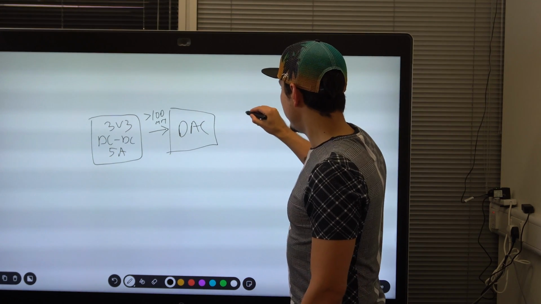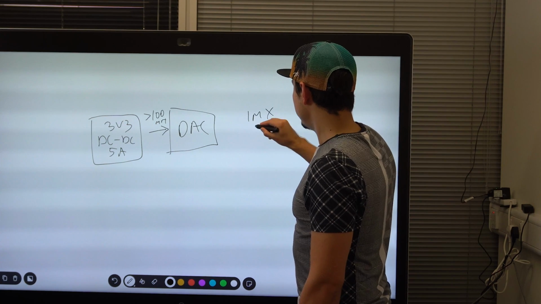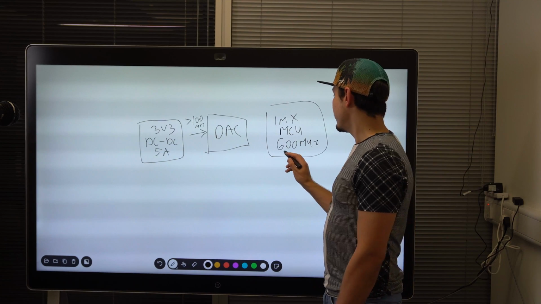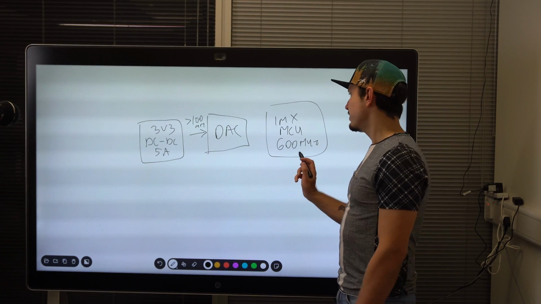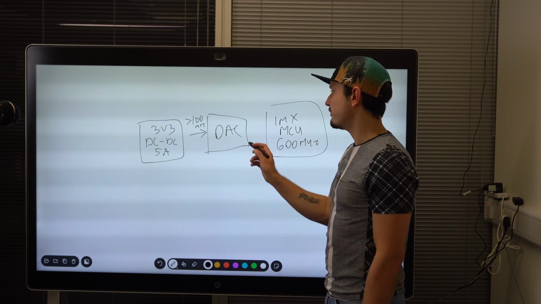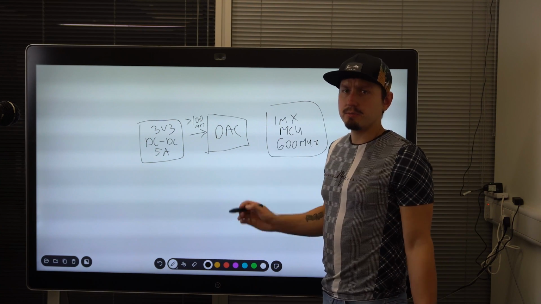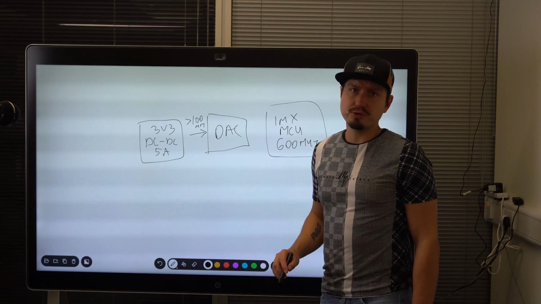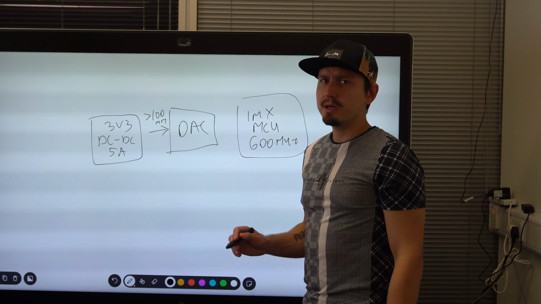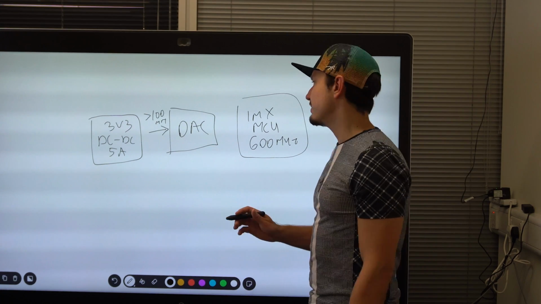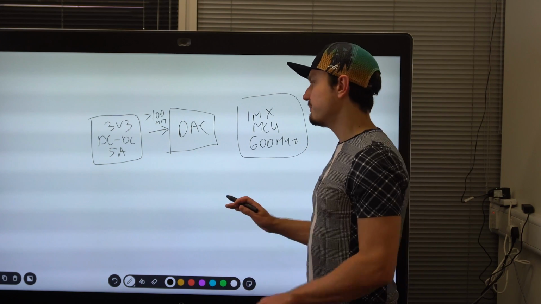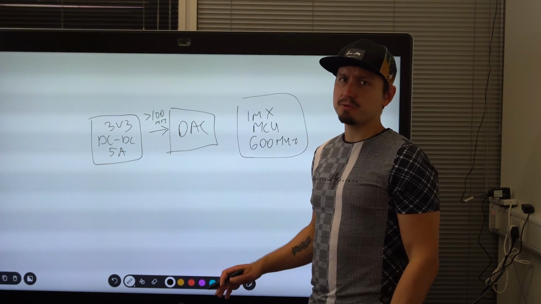For example, if we had an IMX MCU here, there is no problem placing it close to the DAC because 600 MHz is much higher than the frequency of conversion of the digital to analog converter, so it's not gonna cause big issues. Having said that, you should avoid doing that if possible. If you have a lot of space on the PCB, just separate all those blocks far from one another, and that would be the best thing you can do.